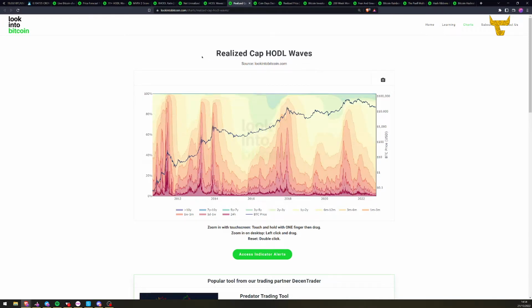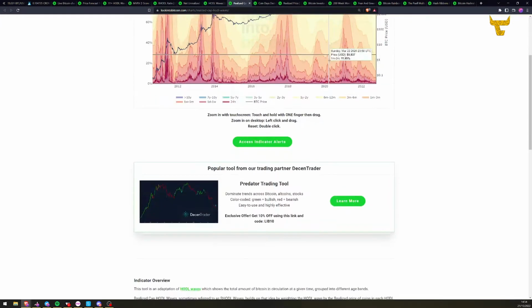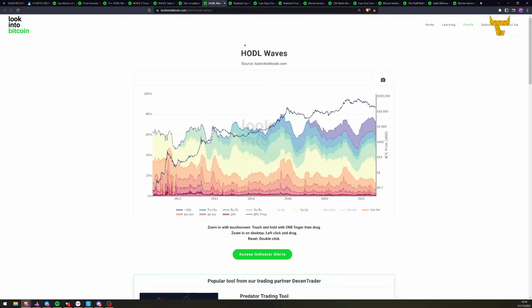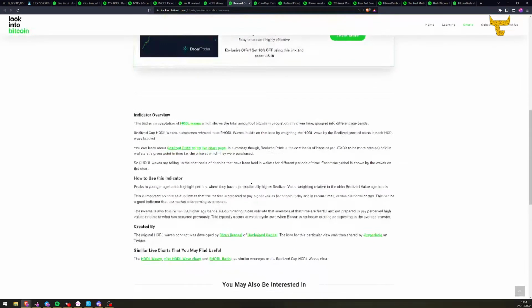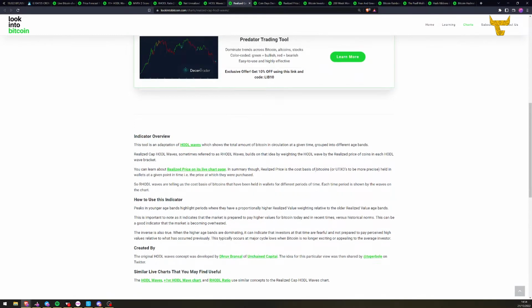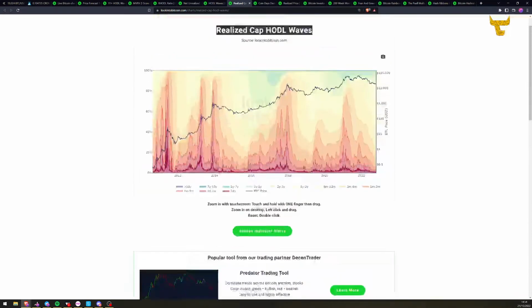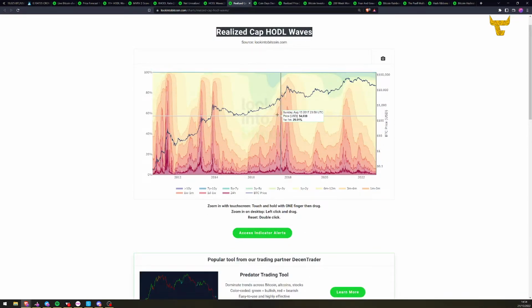And so the Rodel wave takes that data and weights it with realized value. So at which price this Bitcoin has been moved to this wallet.